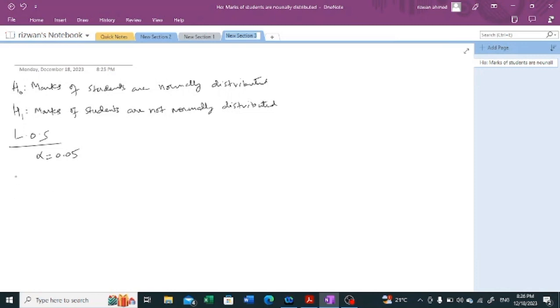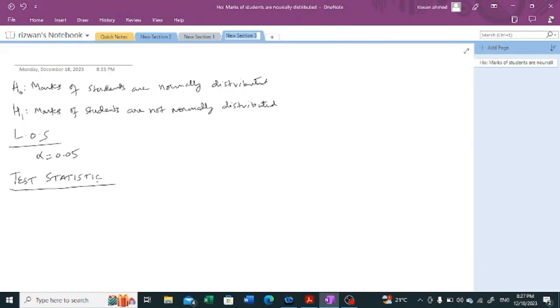This test is always a left tail test for a reason. Because in the case of testing correlation, or testing normality of the data, we are supposed to first arrange our data in ascending order.